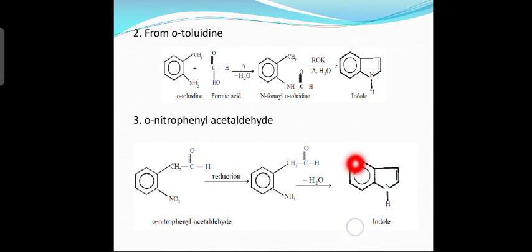This eliminates a molecule of water, or dehydration takes place. From where? From here H, and then this oxygen. And then this carbon will be bonded to this nitrogen, so that a pentagon is obtained. So this is nothing but indole. All right.